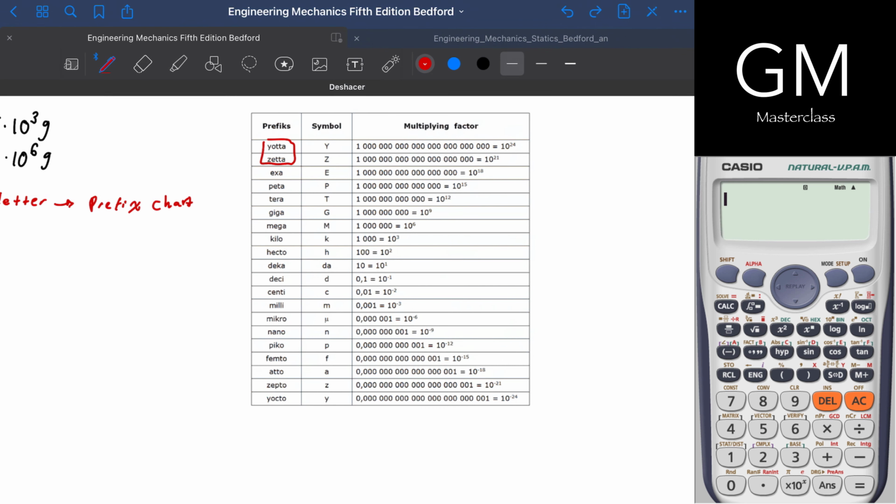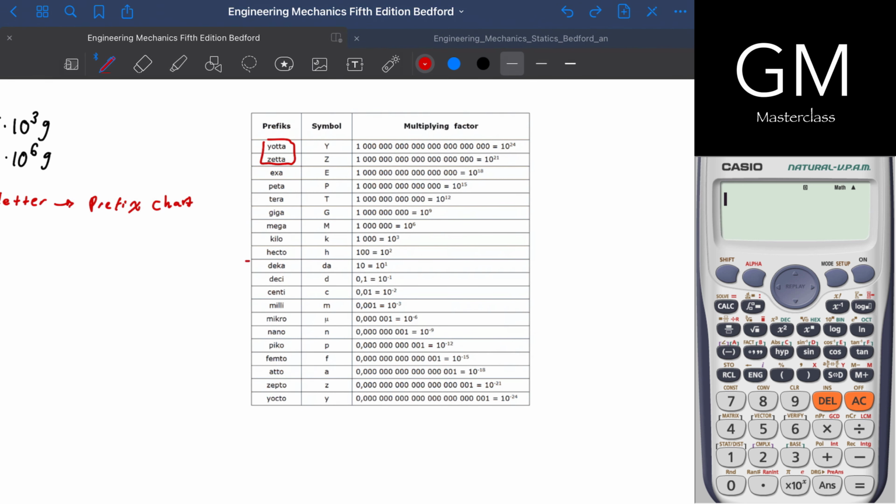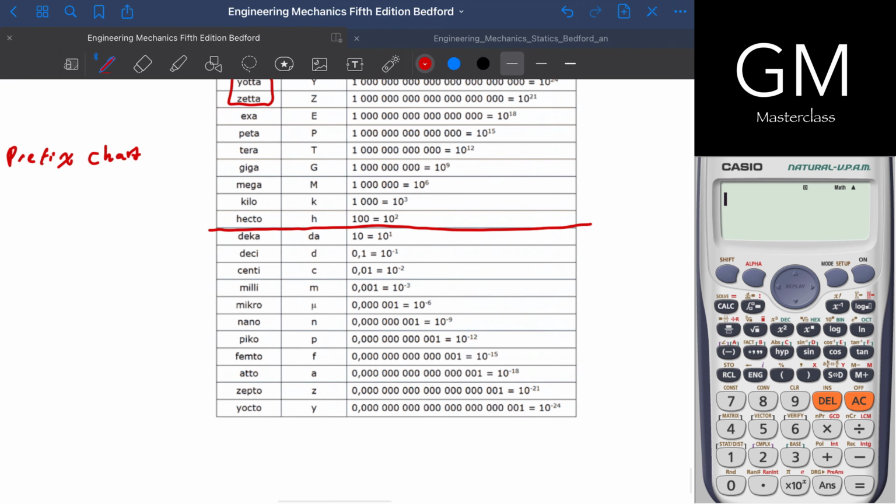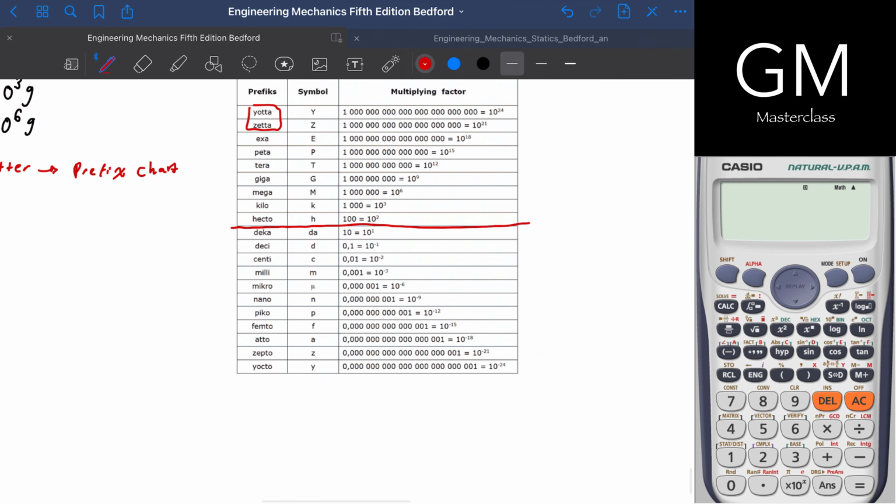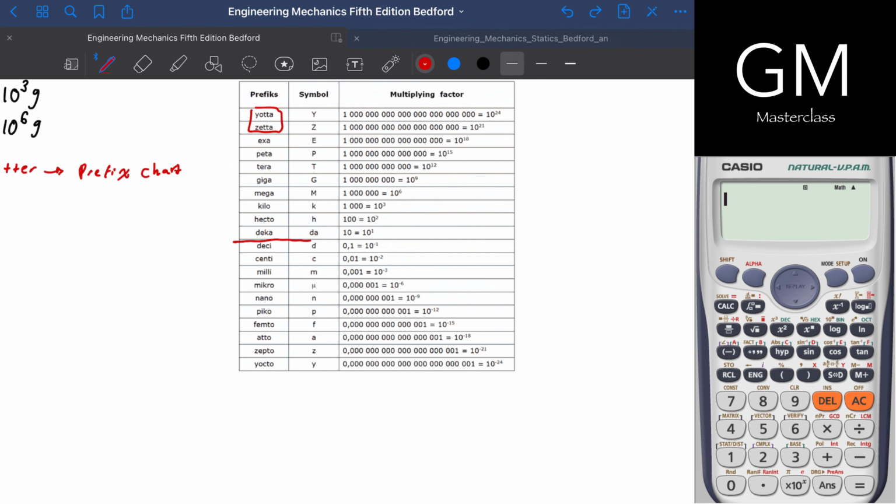So as you notice, I've divided the chart in 2 sections: the upper side of the table and the below part of the table.